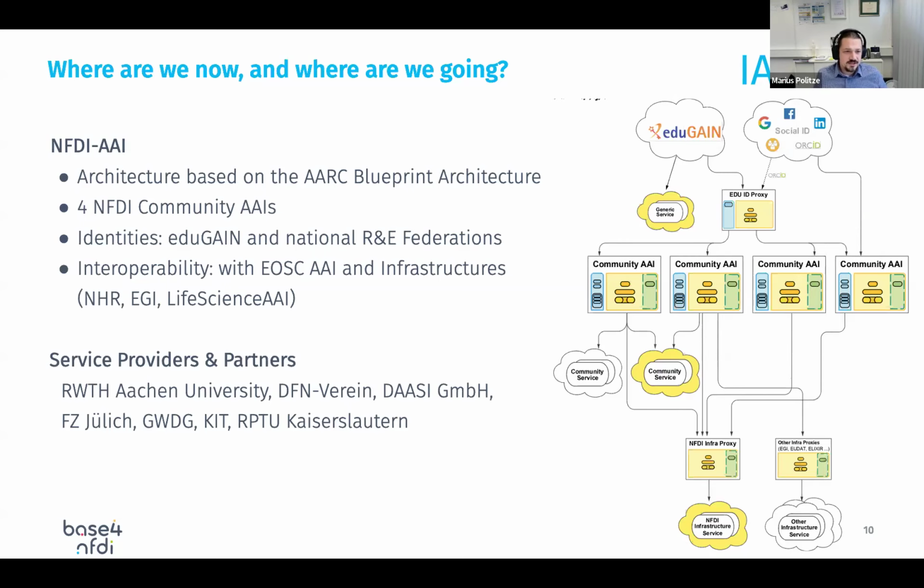And these are attached into the existing eduGAIN and research and education federations, and should also be interoperable with the EOSC and upcoming infrastructures there, and especially with the NHR, EGI, and Life Science AAI, which are also out there.